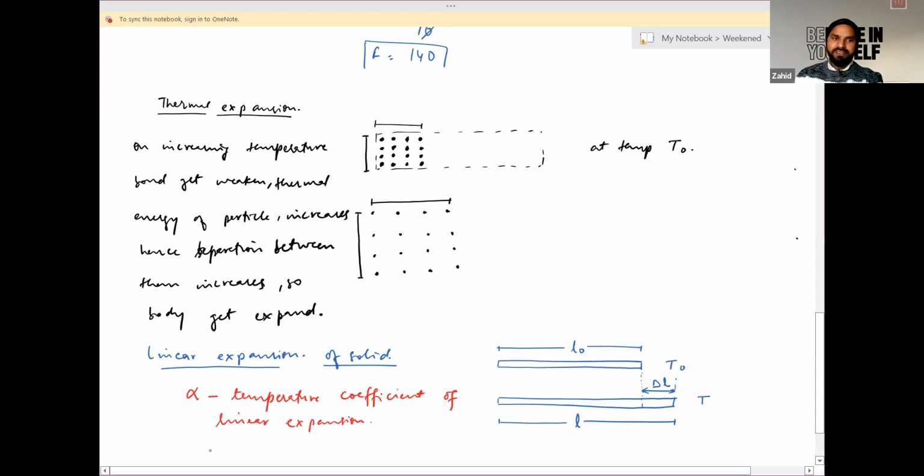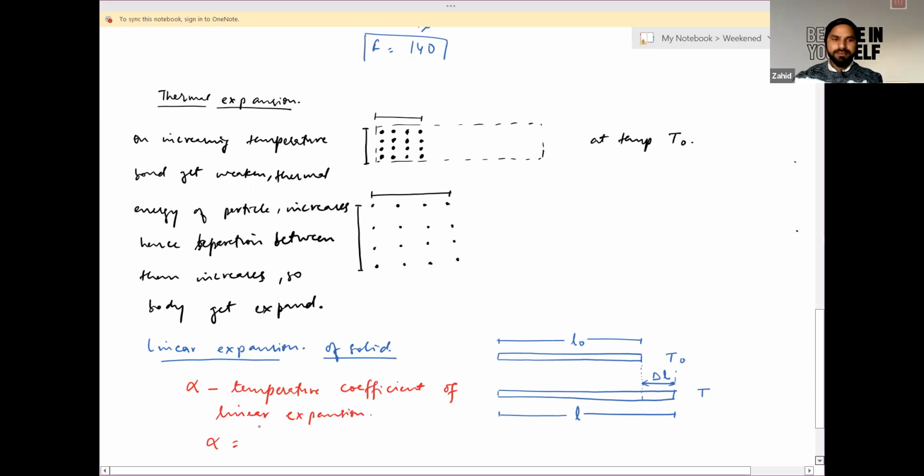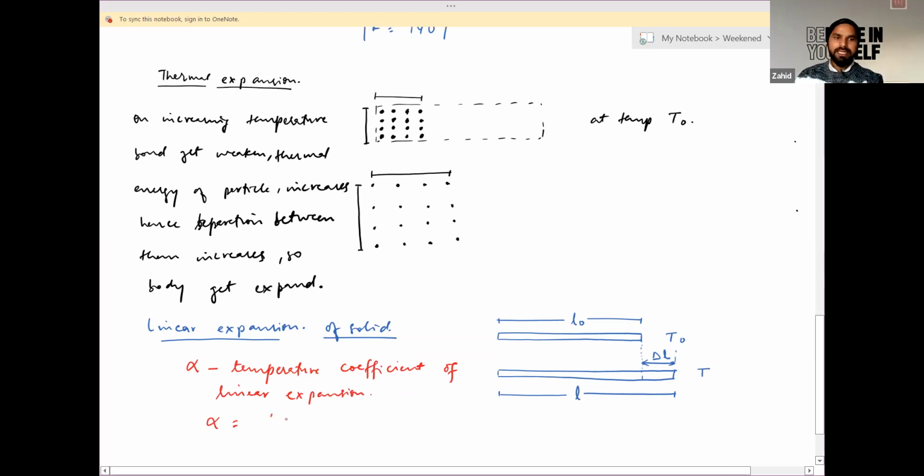This particular alpha is equal to the change in length, that is delta L, divided by the original length L0, divided by the change in temperature delta T. So we can write delta L by L0 as the fractional change in length, divided by delta T as the change in temperature.